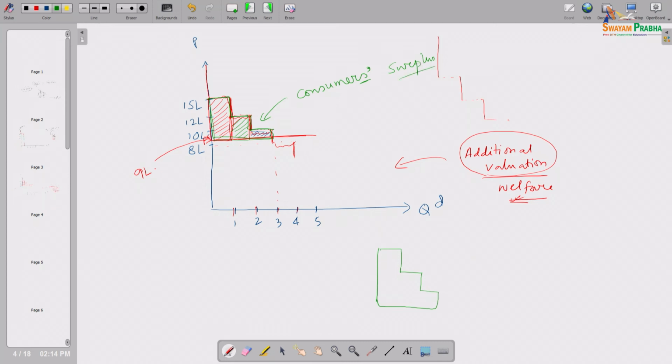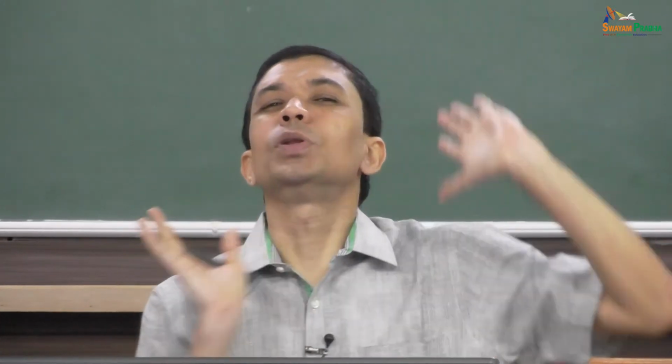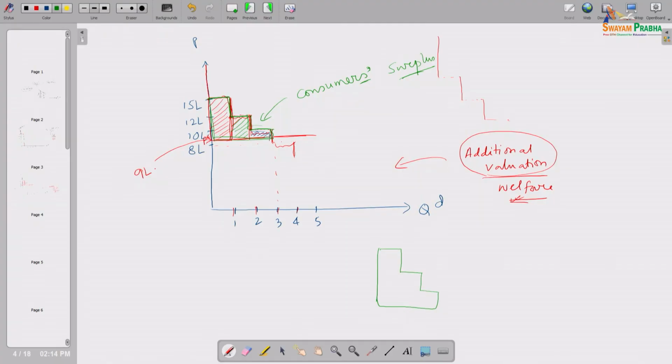Surplus means excess. Let me repeat: excess is basically the gap between how much valuation you are willing to pay and how much you are actually paying. That is the surplus. In that way this is the total consumer surplus, and that much additional welfare consumers are gaining, consumers as a group.